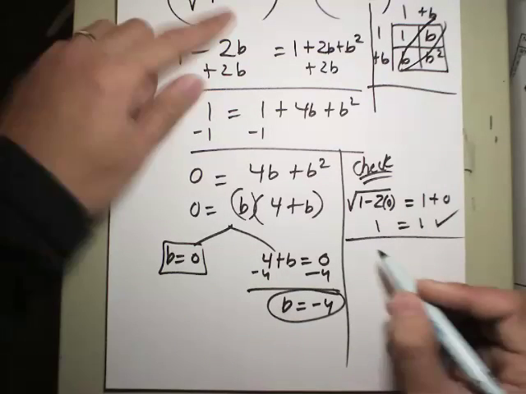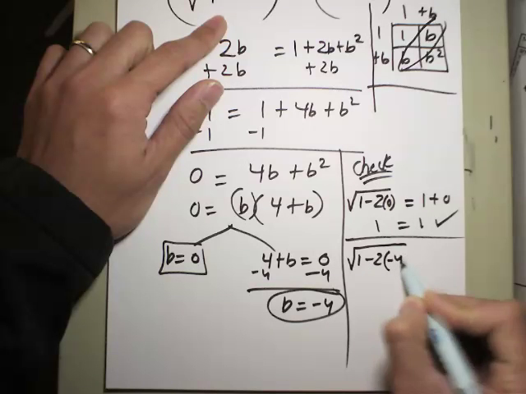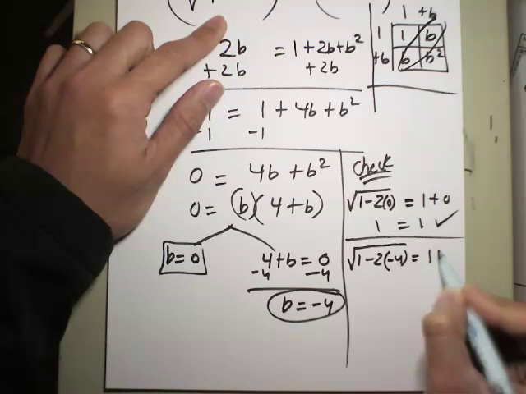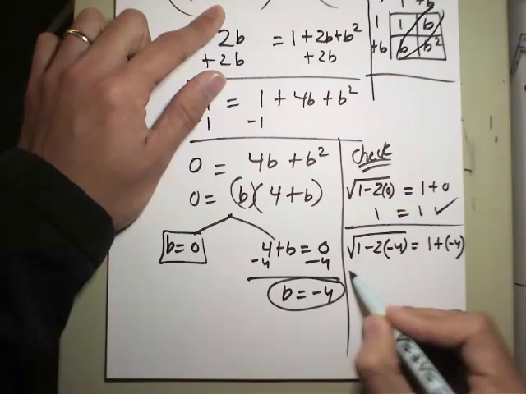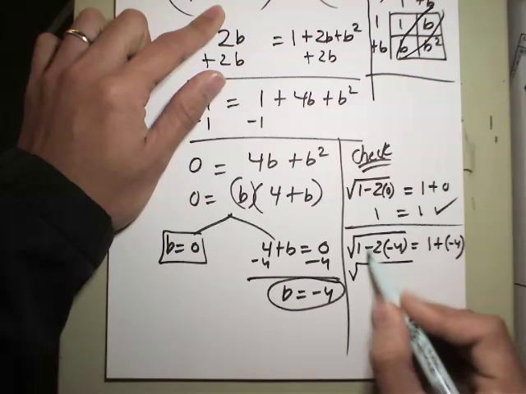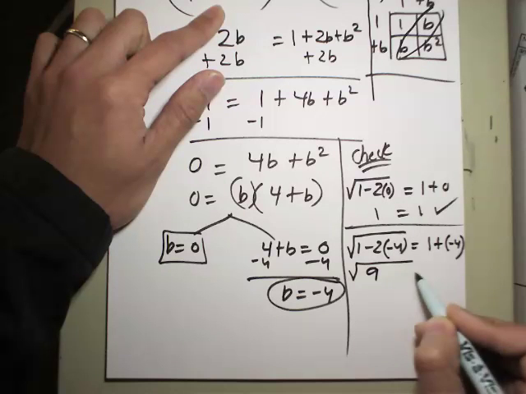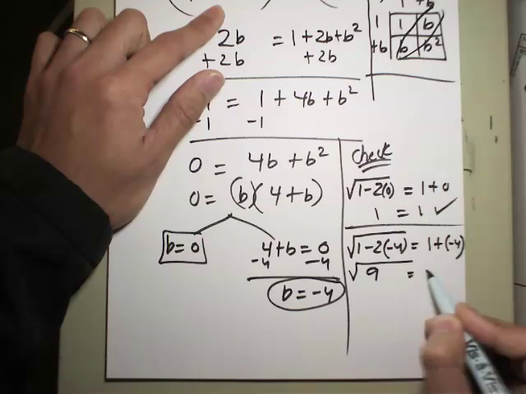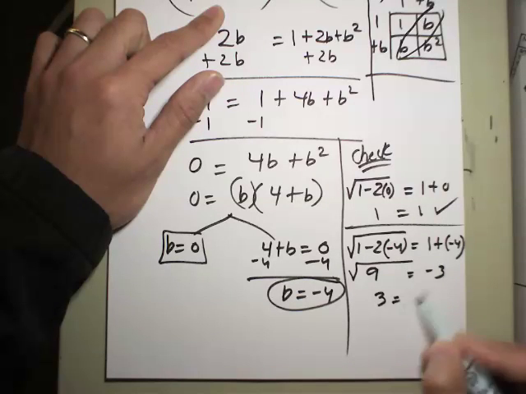Move on to negative 4. Let's try that. I'm going to have the square root of 1 minus 2 times negative 4 equals 1 plus negative 4. Inside here, I'm going to have 1. Negative 2 times negative 4 is 8, so 1 plus 8 is 9. Over here, 1 plus negative 4 is negative 3. And as you know, the square root of 9 is positive 3, and this is a negative 3.